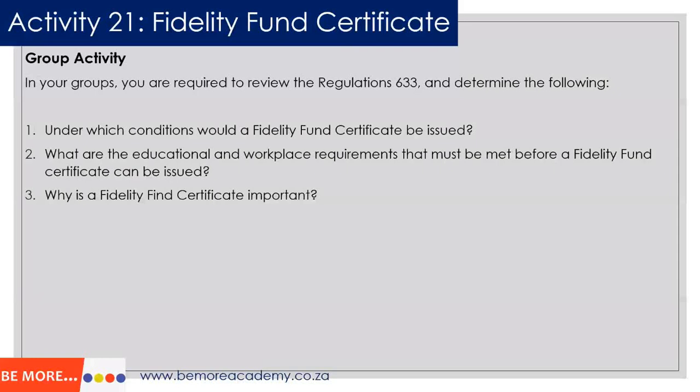The reason why you register for a Fidelity Fund certificate is that the moment you are registered under that certificate, you are under the trust account of the Estate Agents Affairs Board. Say, for instance, something happens financially with a company or with a client that's not happy, then you are covered by the estate agent's insurance, especially the trust accounts.